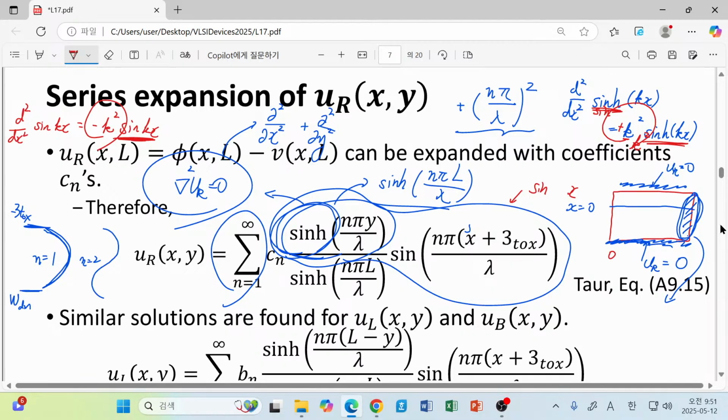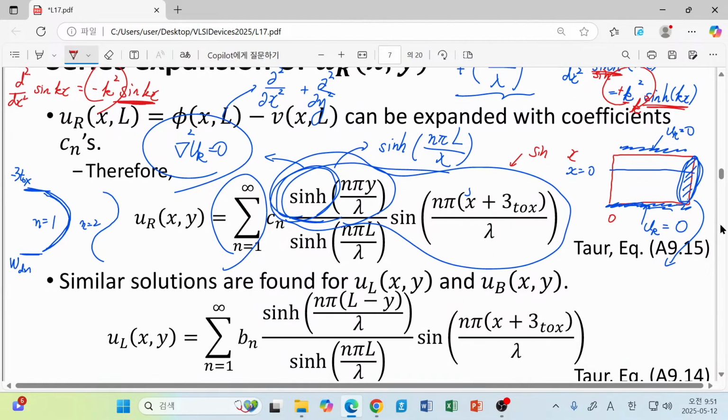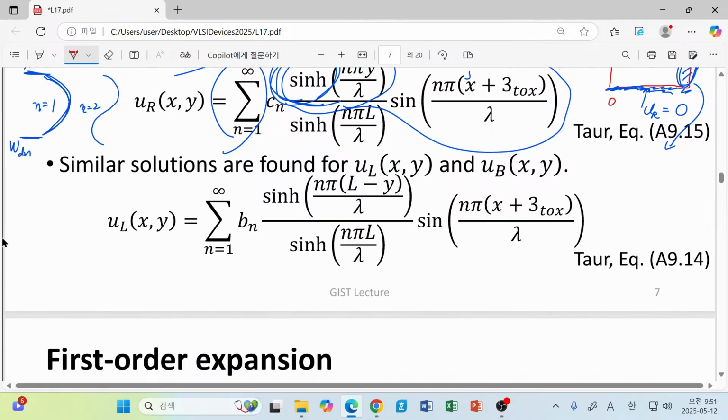So simply speaking, what I wanted to say is, when we have u sub r and take it along the y direction, it will generate positive k squared u r. And when we take the second order partial derivative with respect to x, it will give us minus k squared u r.